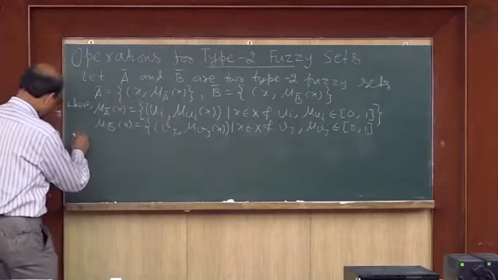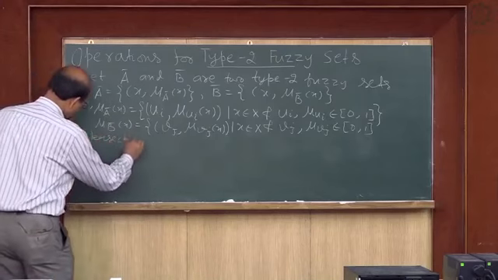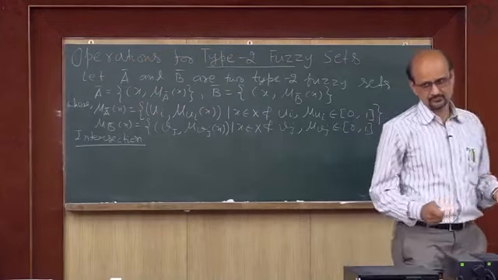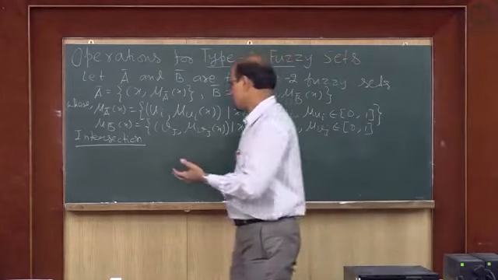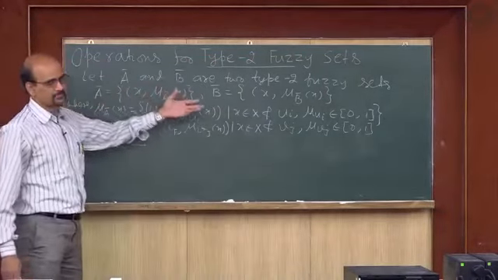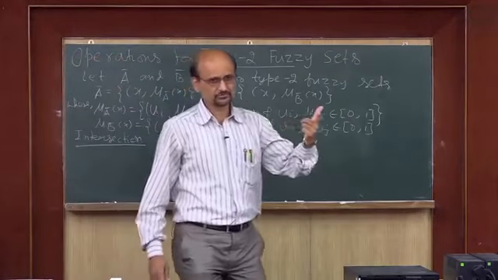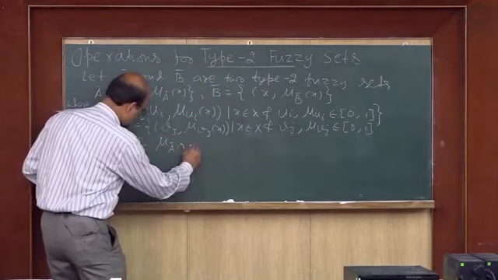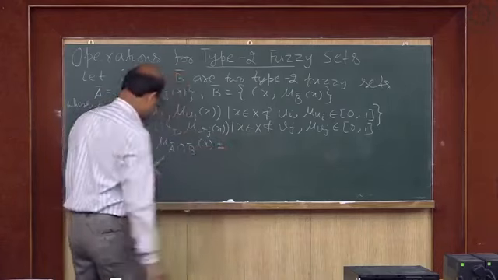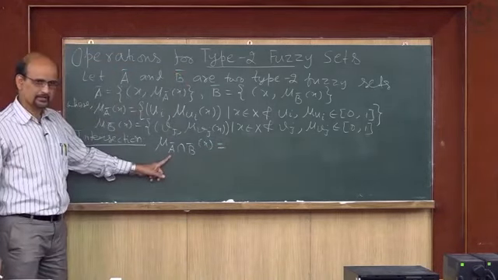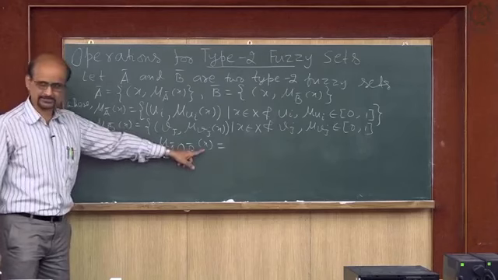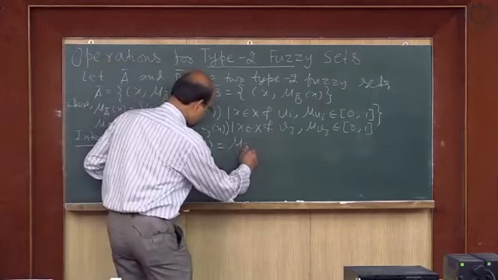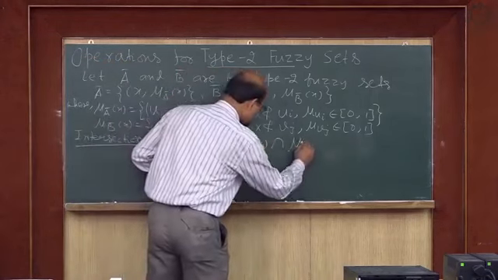Let us do the intersection first, and this will be done through the extension principle that we have already read in the last class. By the extension principle, I can write the intersection of A and B; the main thing is the membership function. So, I write mu A bar intersection B bar at x, the membership function for A bar intersection B bar, and this will be nothing but mu A bar x intersection mu B bar x.